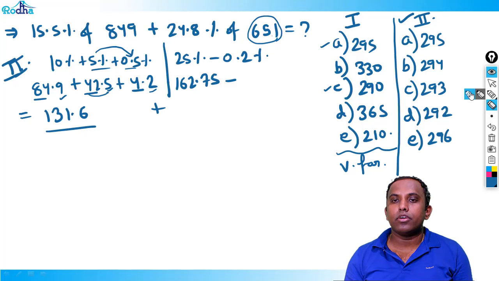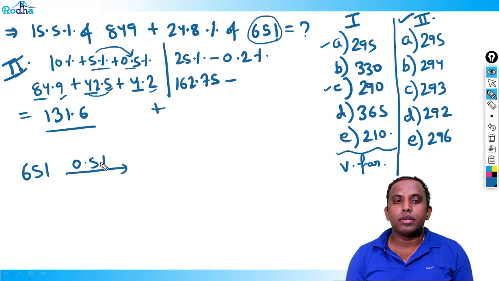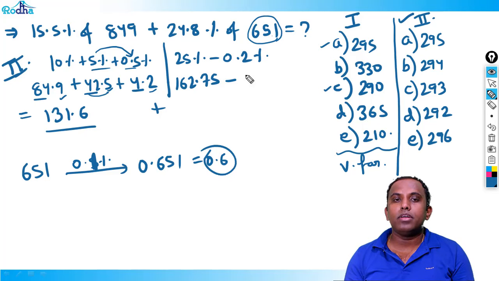Understand this whole process very carefully. 0.1% of 651 is 0.651. You can take it as 0.6, no issue. If it is 0.6, what is 0.2%? It is 1.2.